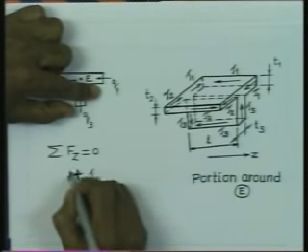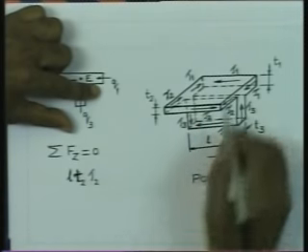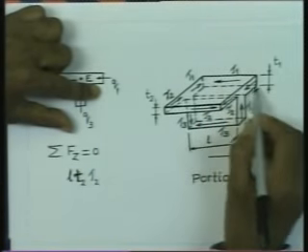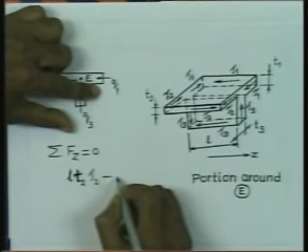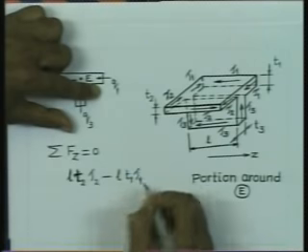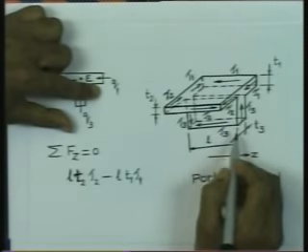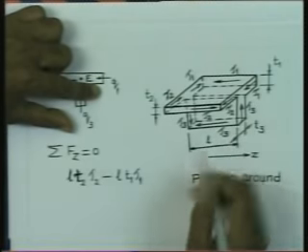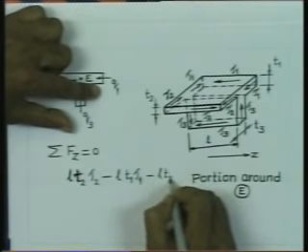So, therefore, the force is L into T2 into tau 2, and then the other force is nothing but L into T1 into tau 1. So, it is acting in the negative z direction, T1 into tau 1, and from the bottom face, which is nothing but L into T3 into tau 3, it is also acting in the negative direction.